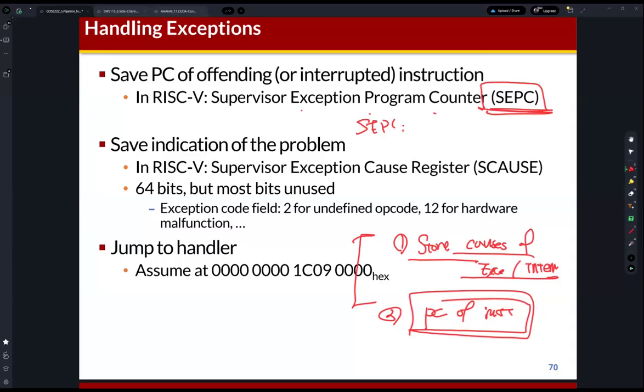This is the return point of the exception handling. And then the SCAUSE, the supervisor exception cause register. RISC-V stores the causes of exceptions, and then jumps to the handler. So this is how to handle exceptions.